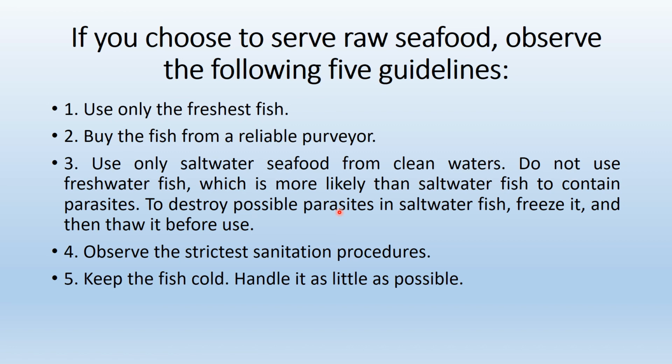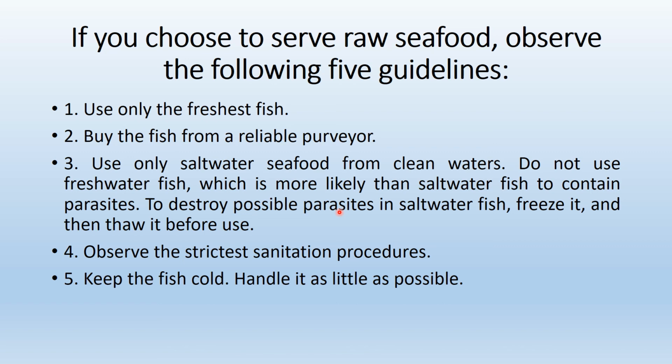Observe, point number four, observe the sanitation procedures of your supplier. And five, keep the fish cold. Handle it as little as possible. So if you're going to be working with raw fish, try to handle it as little as possible, meaning don't be playing with it with your naked hands.